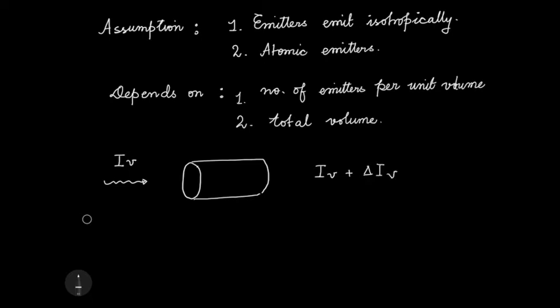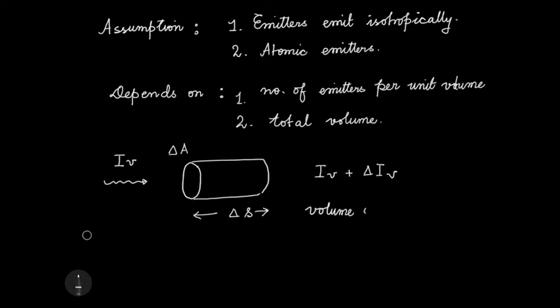Here, because I'm talking about emission, it has added a little bit to that I nu, and say my volume has a cross-sectional area delta A, and the length of the volume is delta S. Okay, so that is the picture that I have in my mind.